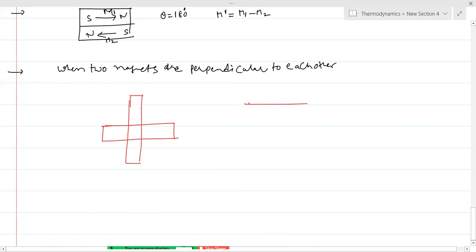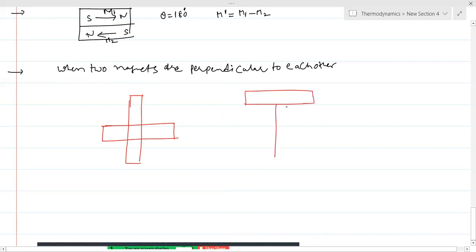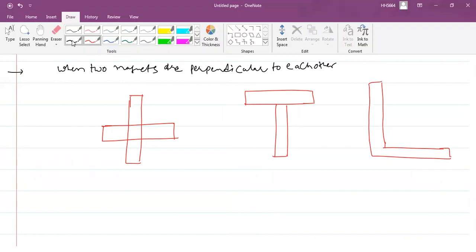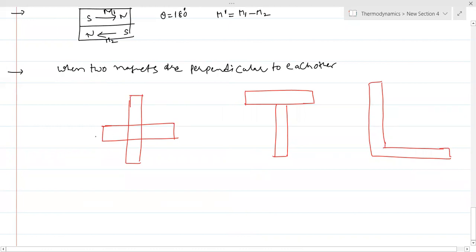We can think of different possibilities, maybe in the shape of T, or maybe in the shape of L. Whatever may be the case, the solution is the same.